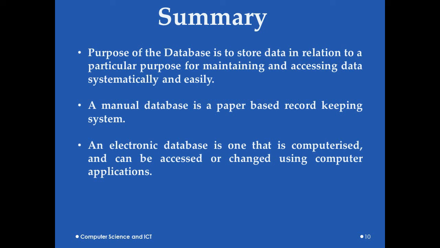Then we discussed that a manual database is a paper-based record keeping system. Finally, we discussed that an electronic database is one that is computerized and can be accessed or changed using computer applications. So I hope that you learned the basic information about the databases.